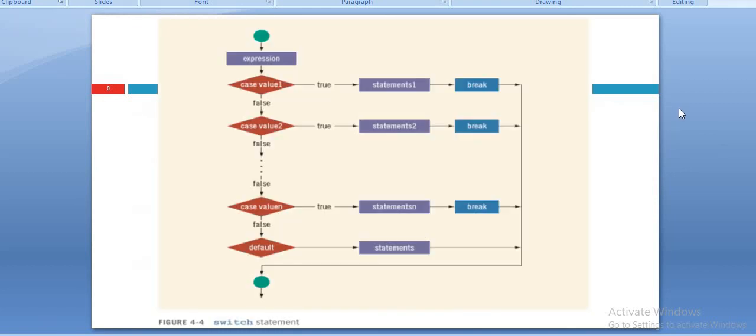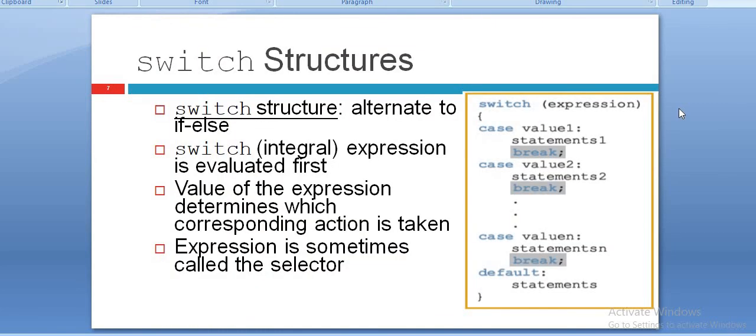You should observe that in this example just one single block is declared with the curly braces or curly brackets, but there is no need to write curly brackets over here because this block is defined by case and break statements.